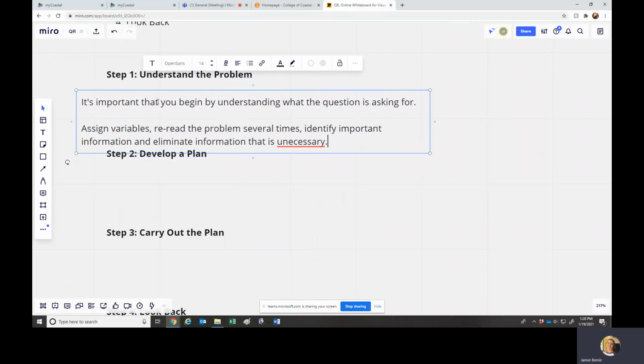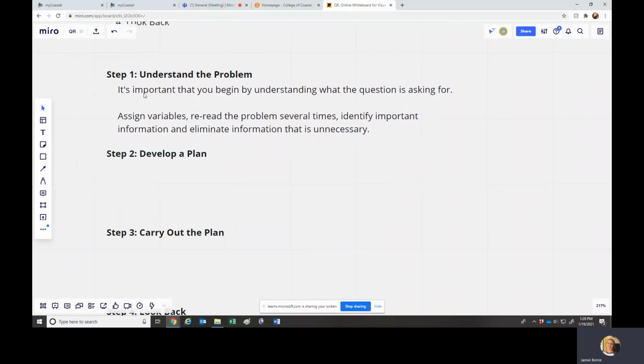I can never spell unnecessary right. So again, begin by understanding what the question is asking for. You may need to assign variables, reread the problem, identify important information, and also eliminate information that you don't need to solve the problem.